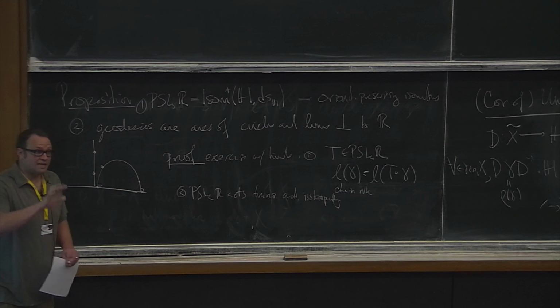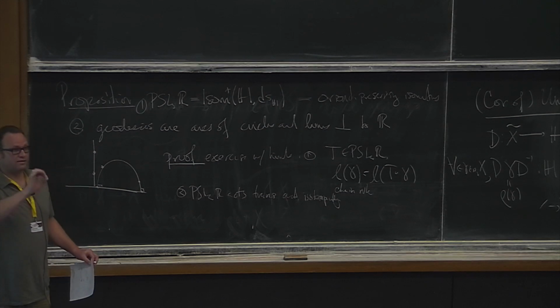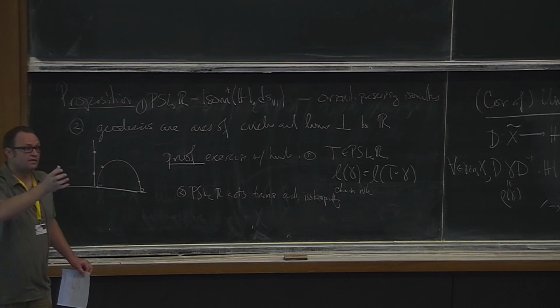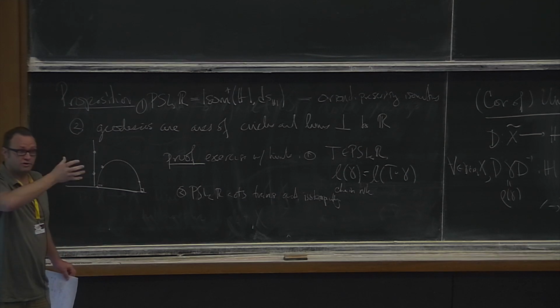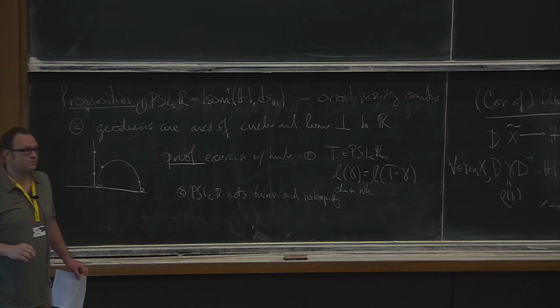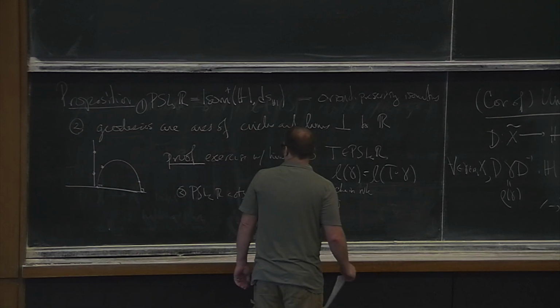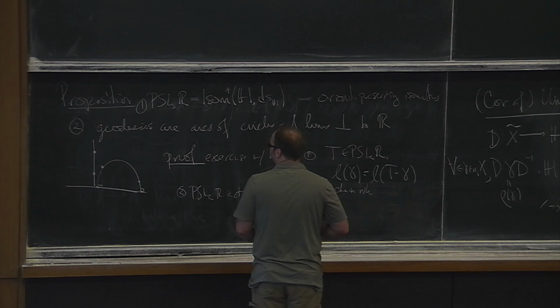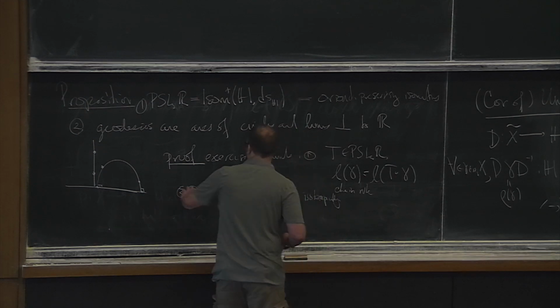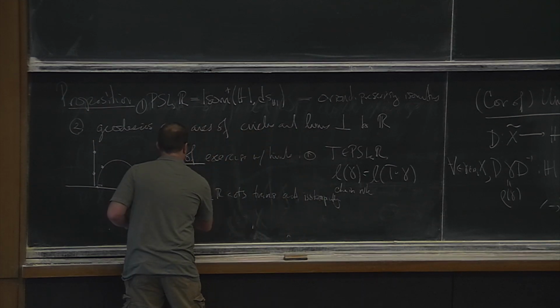And that means that the stabilizer of a point is as big as it can be. Namely, the stabilizer of a point is isomorphic to the group of rotations. Okay, so it acts transitively and isotropically. Sorry, this is still part 1.